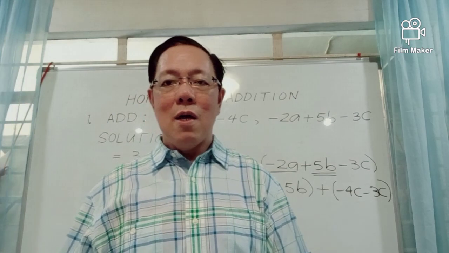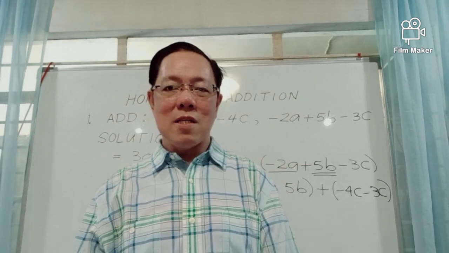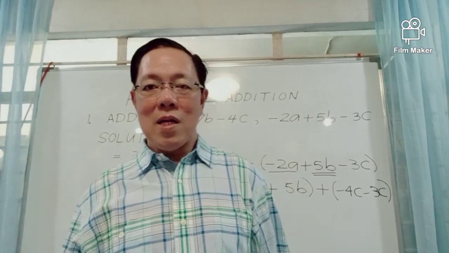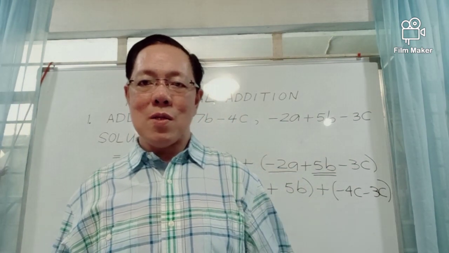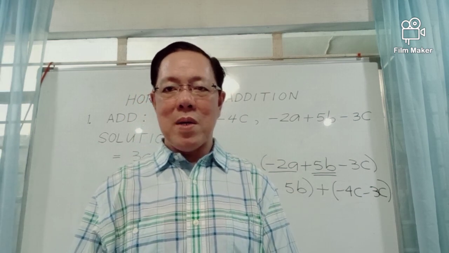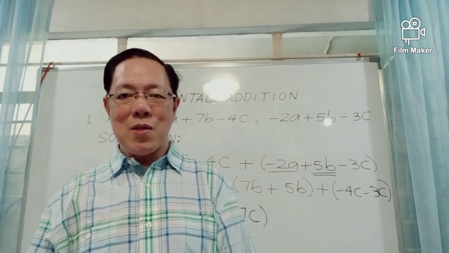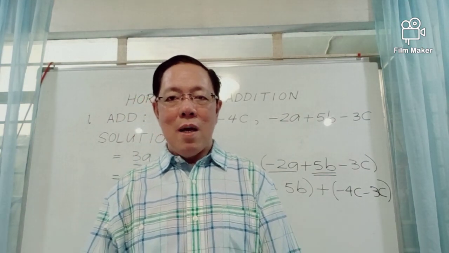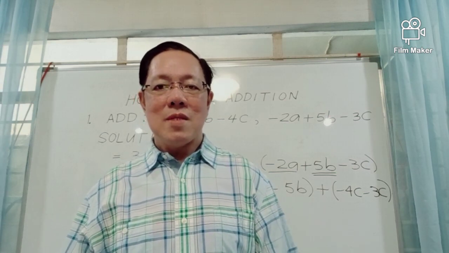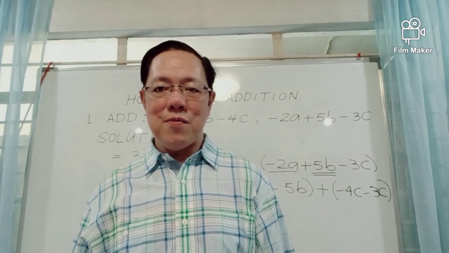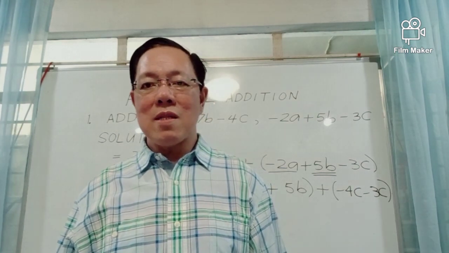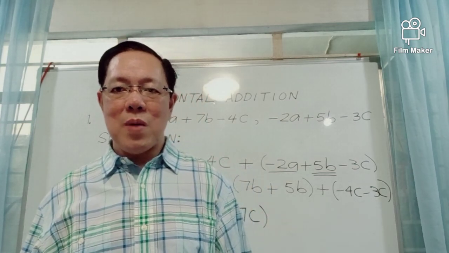In using horizontal addition, you write the given algebraic expressions horizontally, then collect the like terms or similar terms in the same group using grouping symbols or a pair of parentheses, and add the like terms in the same group, adding the numerical coefficients and copying the same or the common literal coefficient. But whichever method you use, you will get the same sum of the given algebraic expressions.